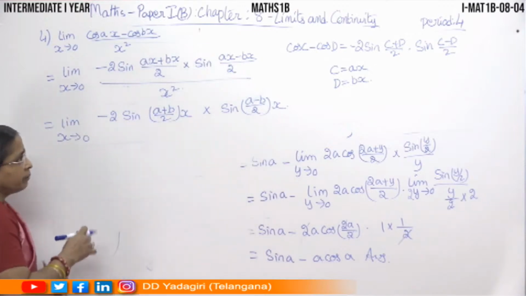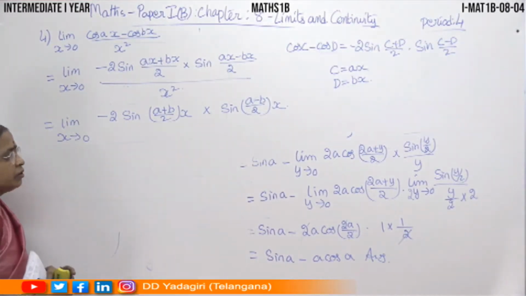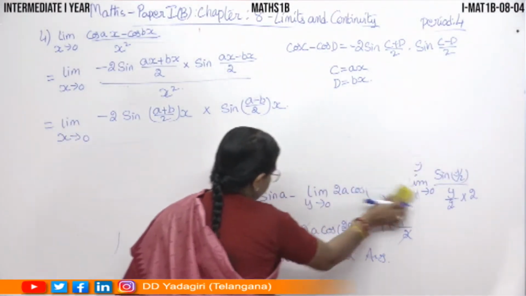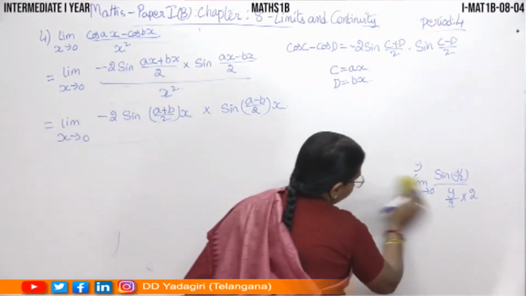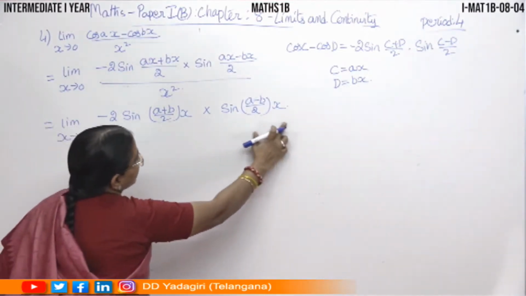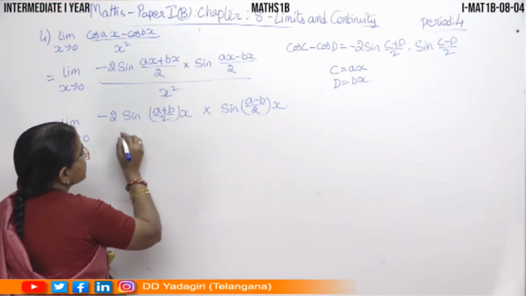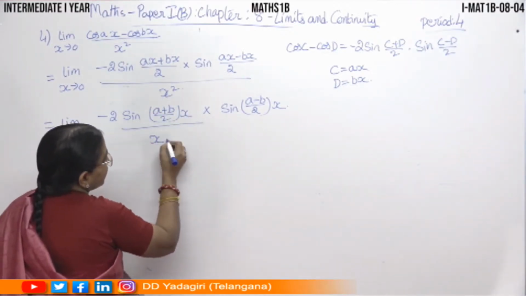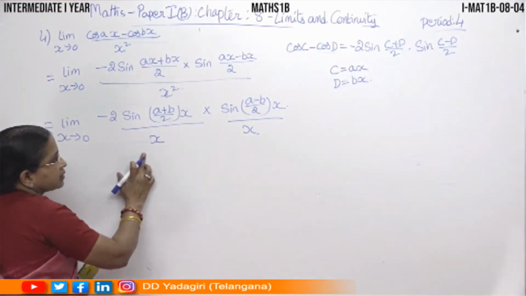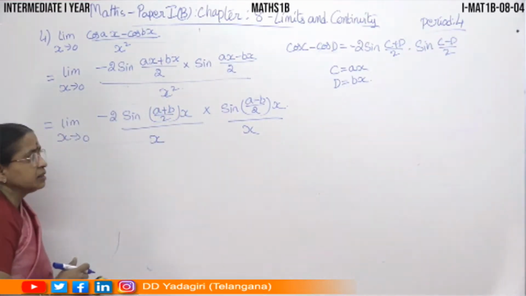Now then by x square is there. Now to reduce it to the standard form, sine theta by theta or sine x by x form, we'll write one x separately for this and another x separately for this. This is x square. X square can be written as x into x. So one x we'll write under this sine and another x under this sine.